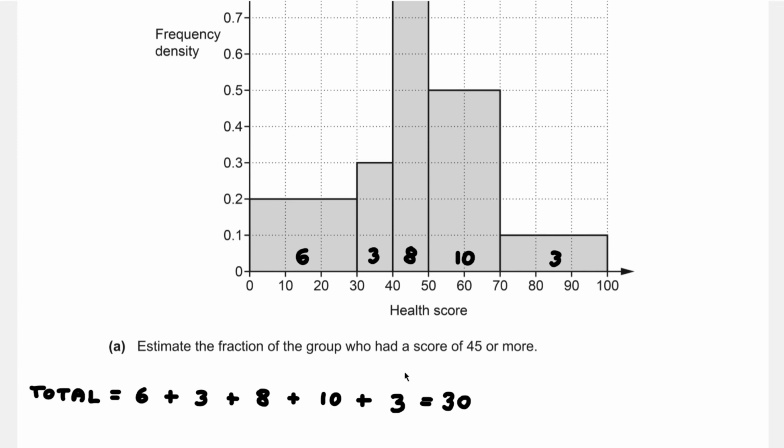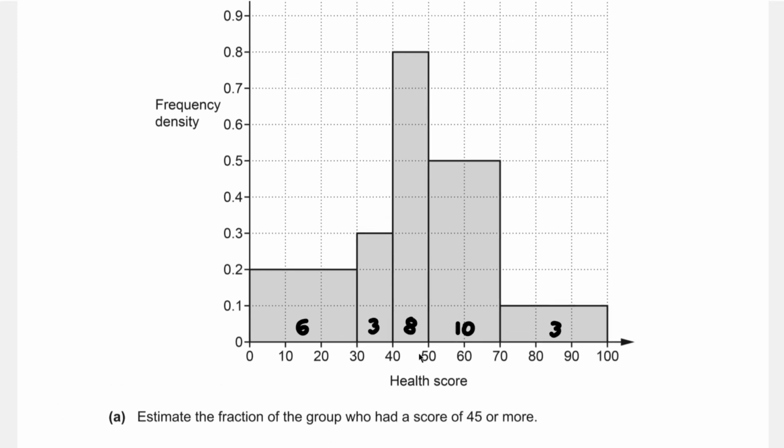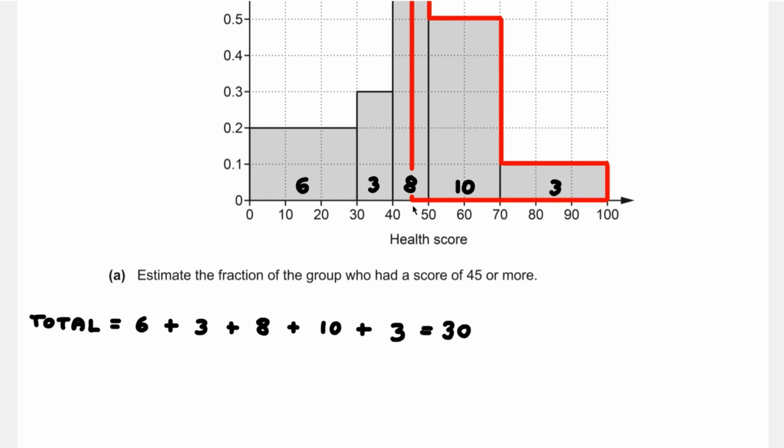Now we want to find out those who have a score of 45 or more. Well, 45 is going to be halfway in between 40 and 50. So 45 or more is here. And here, because I'm dissecting this particular rectangle in half, I'm going to have 4 for 45 to 50.